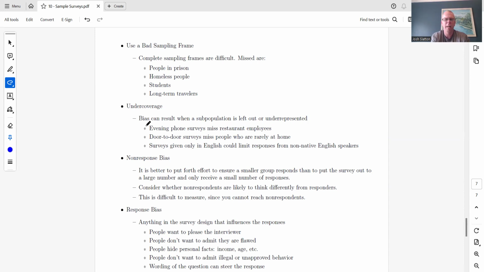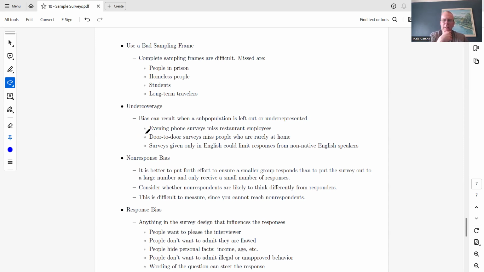Undercoverage: bias can result when a subpopulation is left out or underrepresented. Evening phone surveys miss restaurant employees, and door-to-door surveys miss people who are rarely at home. So you're conducting your survey in a way that leaves some of the population out.